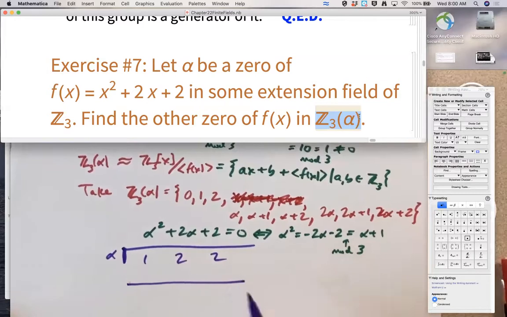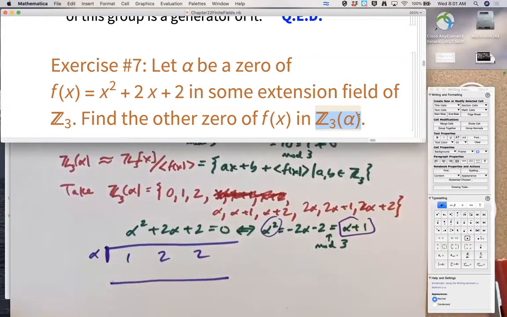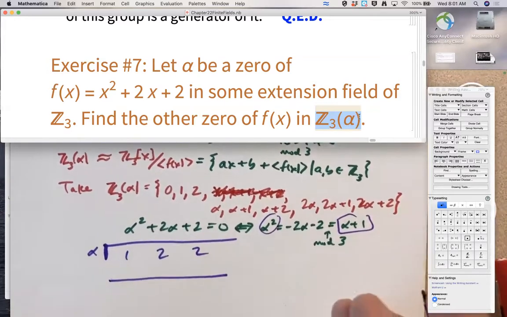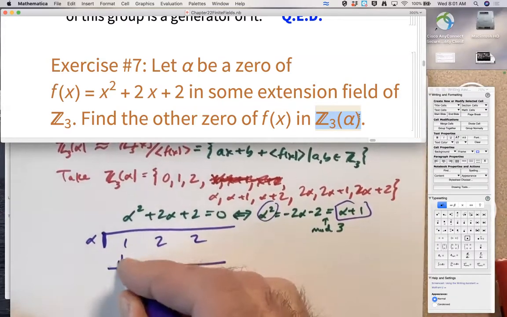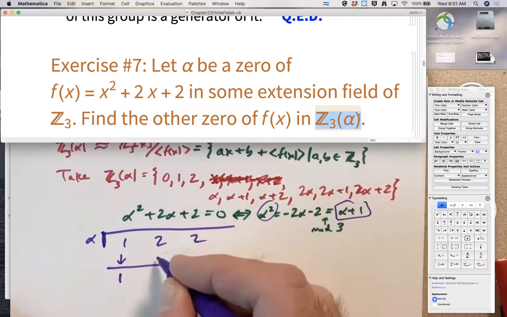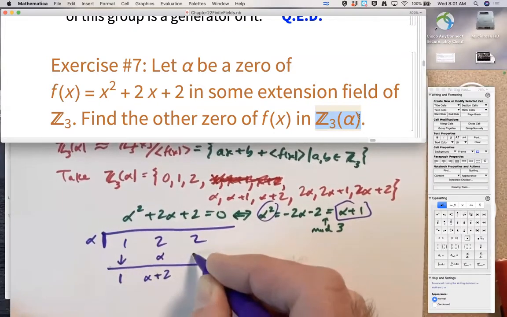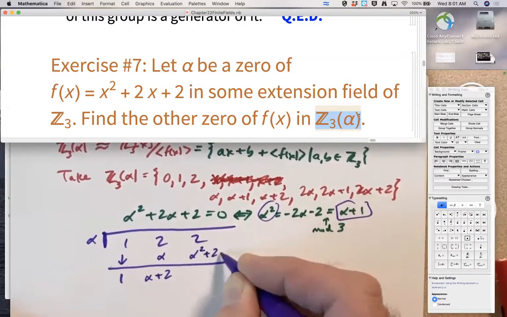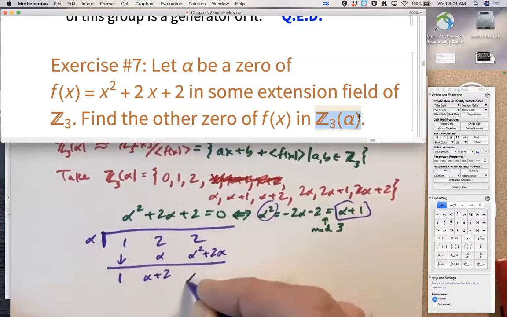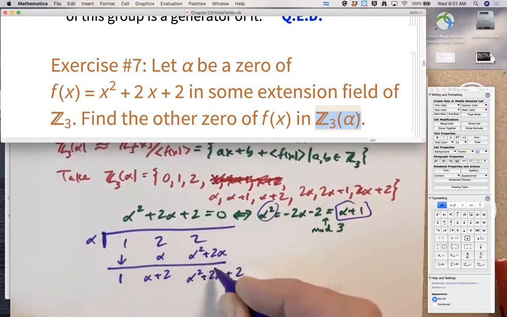And if you do it right, you should get a remainder of 0 in the end. Bring that first number down, put it there. Multiply, alpha times 1 is alpha. Add. Multiply. And add. And this last thing is 0.